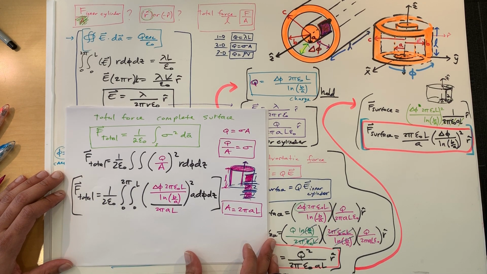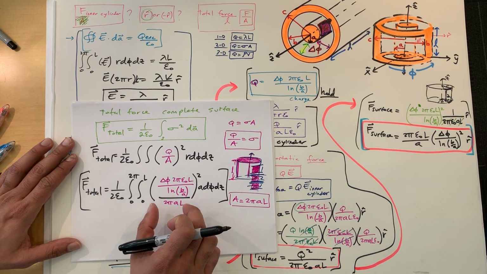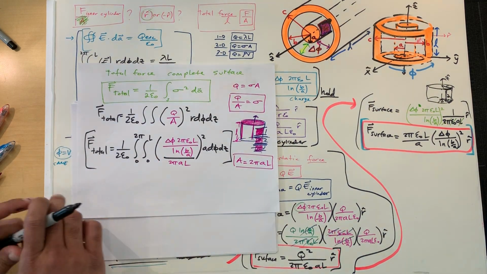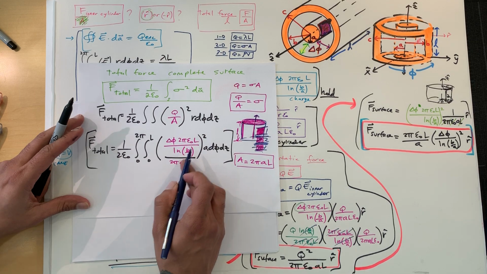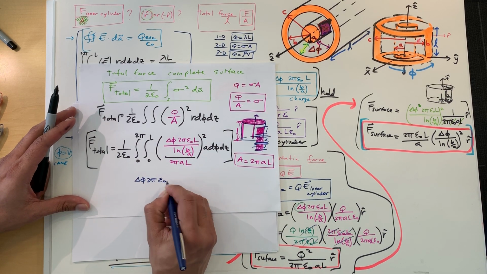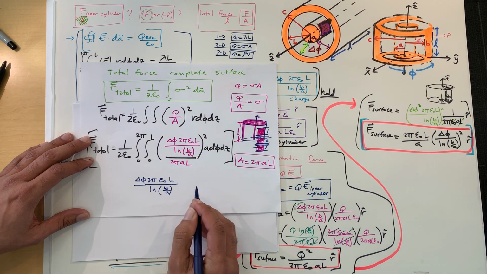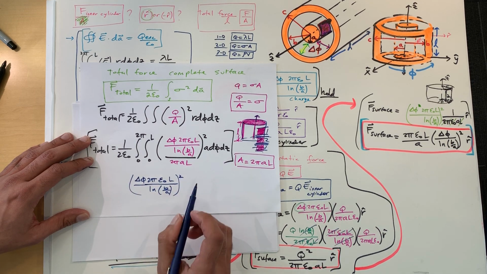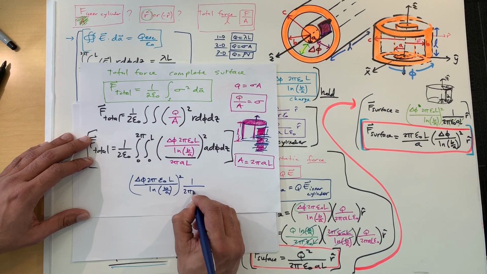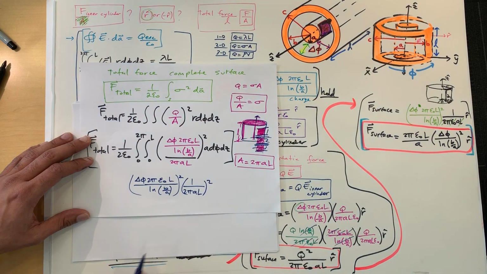First of all, we can simplify before we solve. Let me write out this fraction that's going on here. We have potential 2 pi epsilon naught L over ln of B over A. This is squared, and then this bottom piece is also squared, and we're going to bring it to the top as 1 over 2 pi A L, which is also squared.